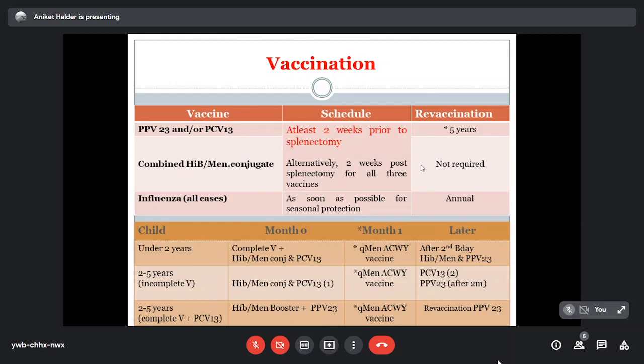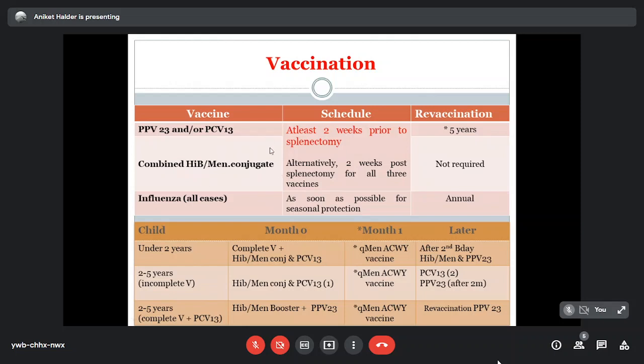Revaccination after 5 years with the pneumococcal vaccine should be considered, although some clinicians prefer to check pneumococcal antibody levels before considering revaccination.